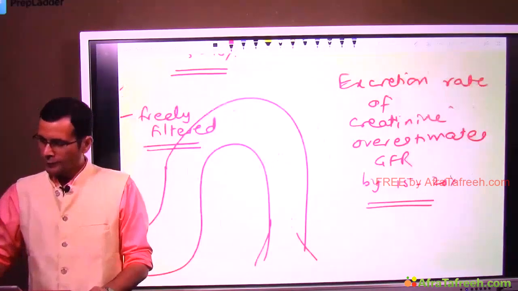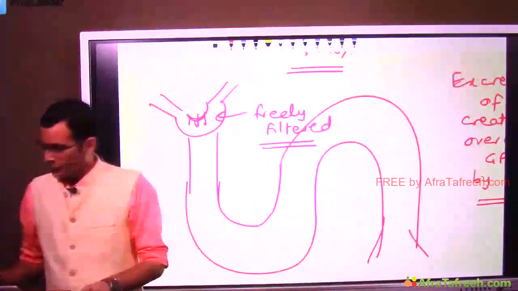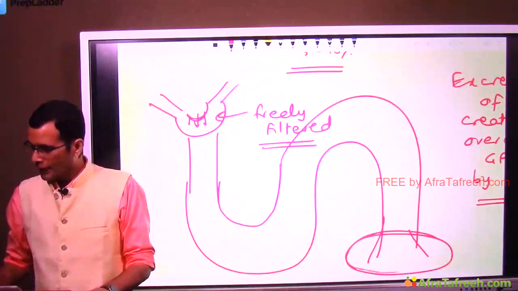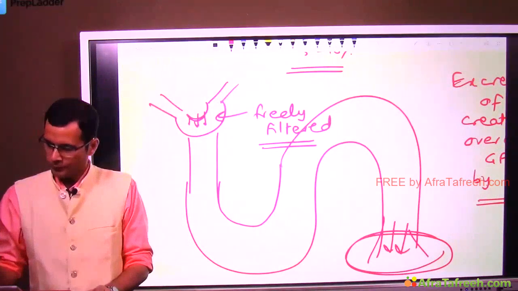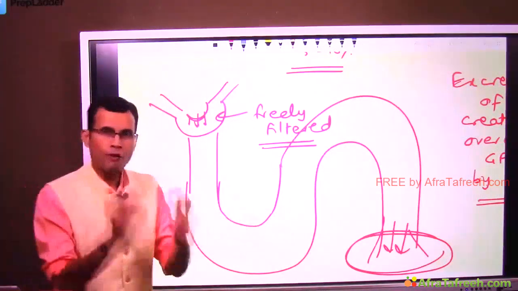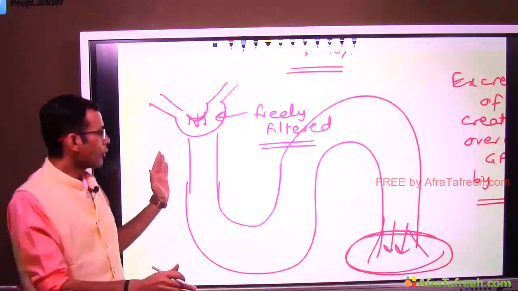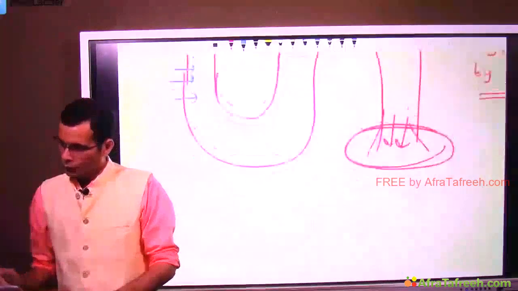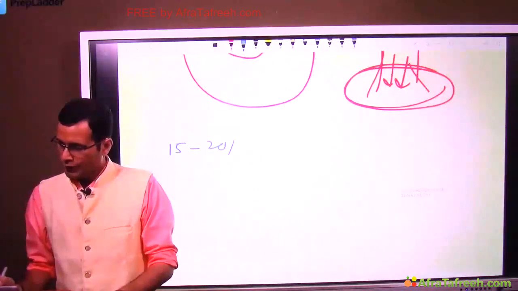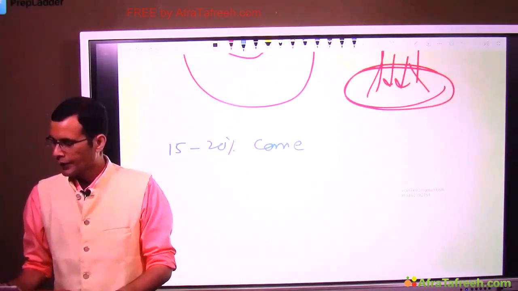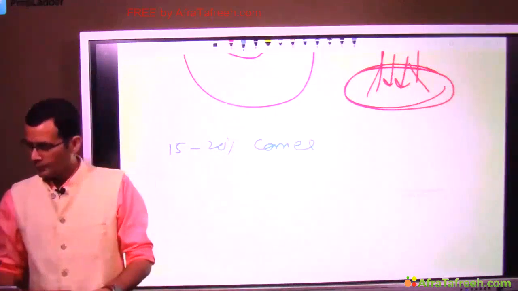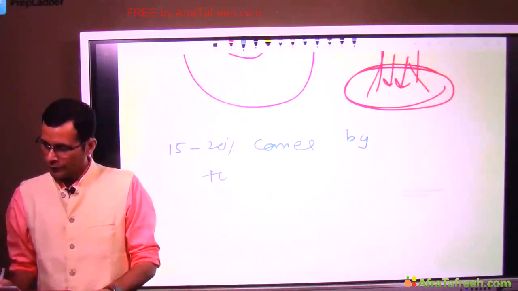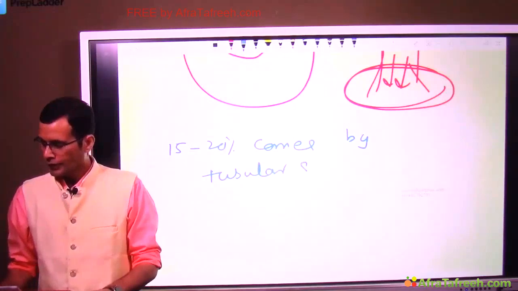You know why? Because some of the creatinine that is appearing in the urine has come from tubular secretion. So 15 to 20% of creatinine coming into the urine comes by tubular secretion.